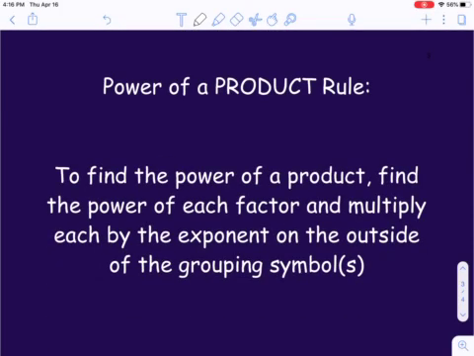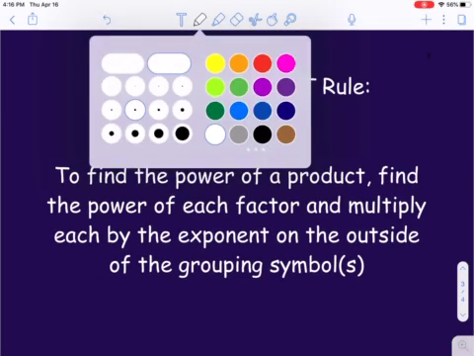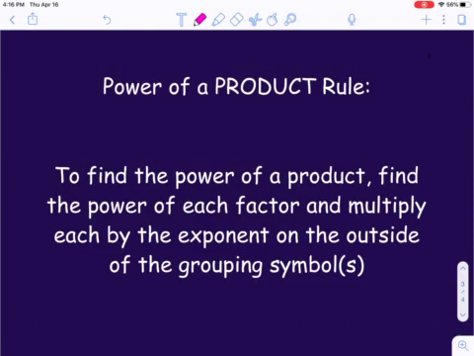The power of a product rule states that to find the power of a product, find the power of each factor and multiply each by the exponent on the outside of the grouping symbols. I wrote this out a little differently than it is in the book, because in the book it just says multiply each factor by the exponent. I want to make it very clear which exponents you're multiplying by.